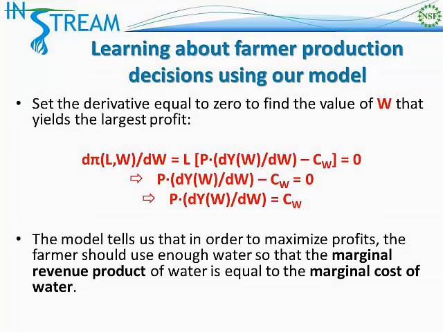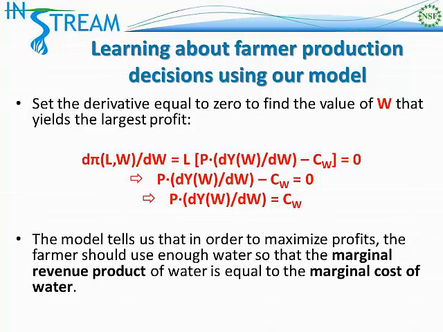Now that we have the derivative of the profit function with respect to water use, we want to find out what level of water use is going to yield the highest profit. And you should have learned in your calculus class that the way to do this is to set the derivative equal to 0.